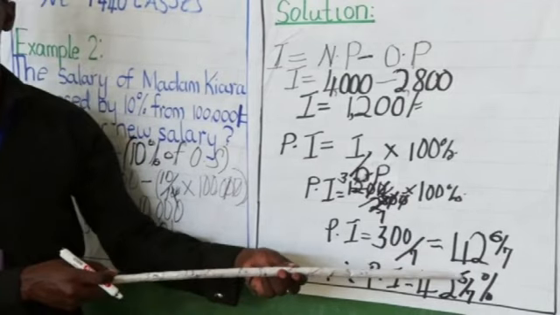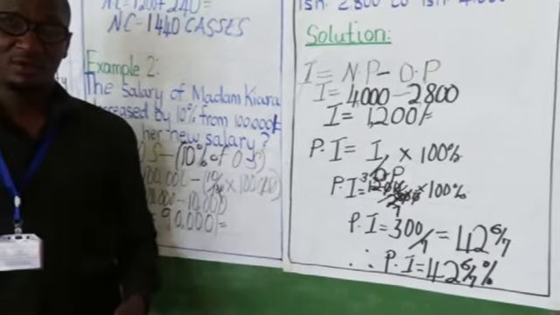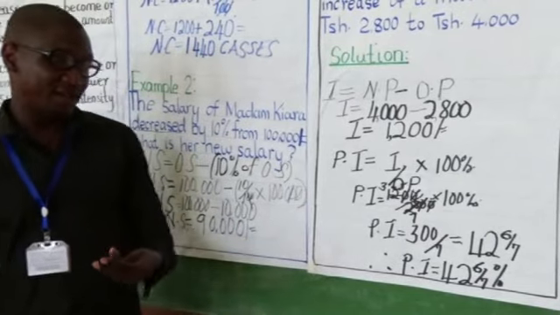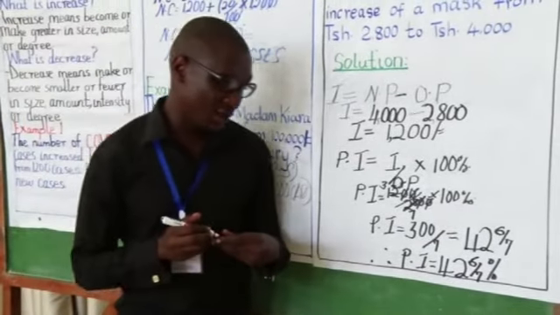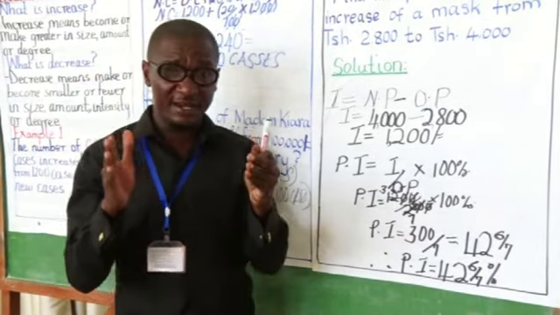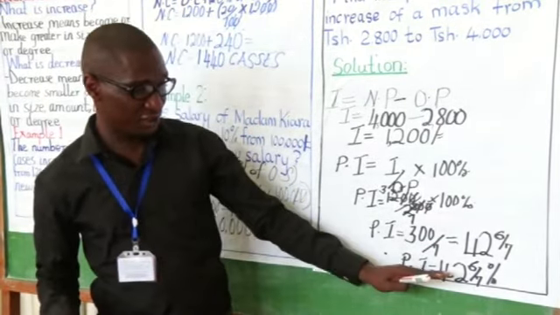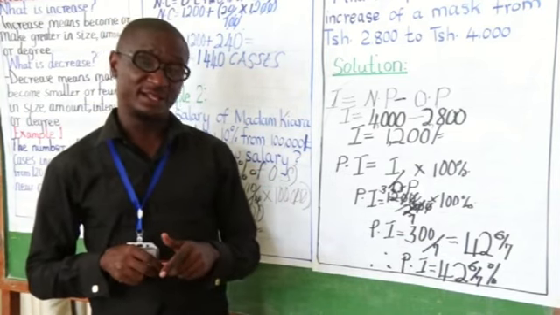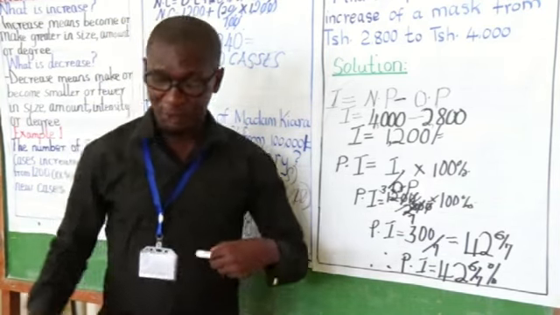You can also put this into decimal, which is very much allowed. But sometimes I advise that when you divide this into decimal, it seems very tough or difficult, so putting it as a fraction is very much okay and allowed.